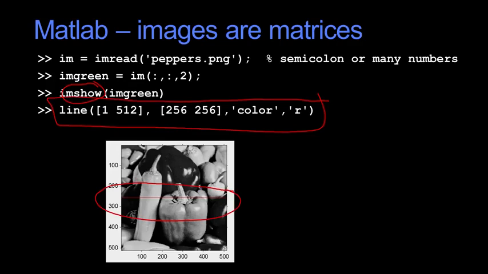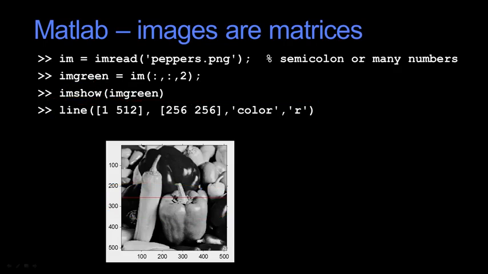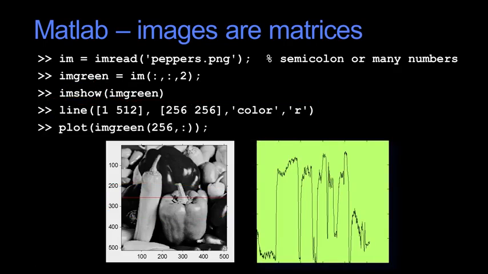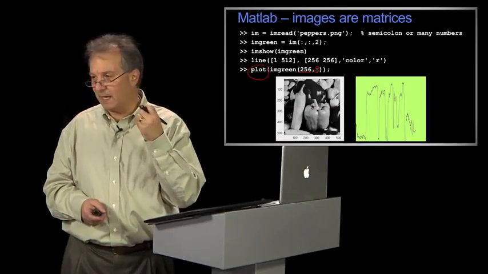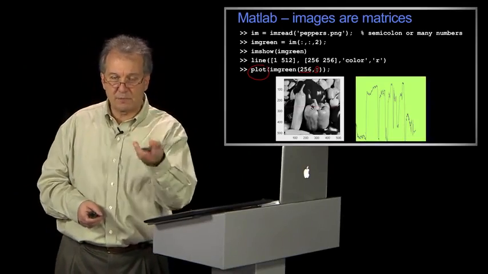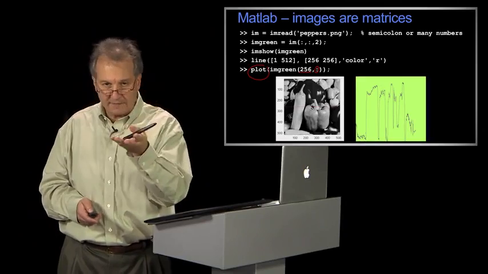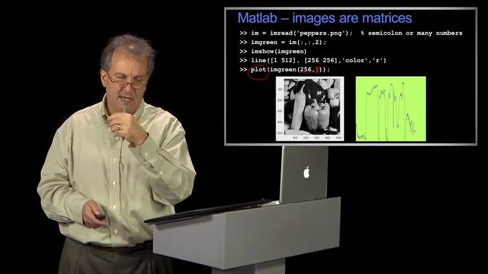It just drew a line right across there. Ain't MATLAB great? In fact, I can also just call plot. What this says is give me the 256th row, give me all the columns, and then plot it, and you'll just get a plot. By the way, I highly recommend getting used to exploring your images, plotting the values and being able to see what's going on.